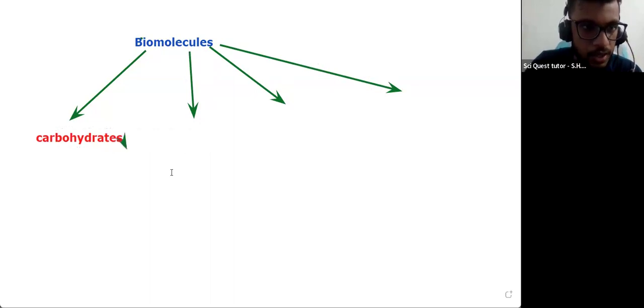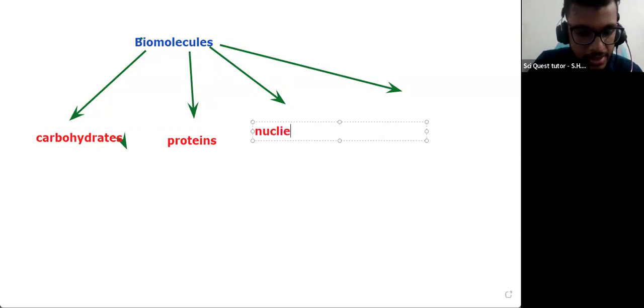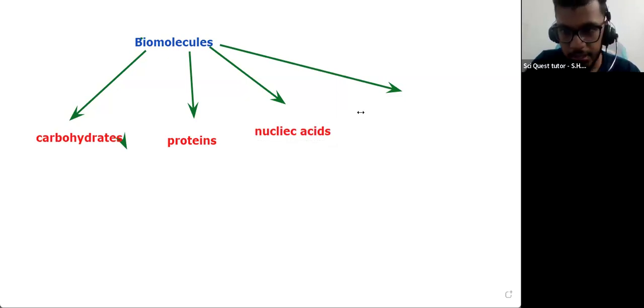The second one is the proteins. Number 3, don't worry, students, we'll be discussing each of these biomolecules in a detailed way. And nucleic acids and lipids. These are the 4 categories.